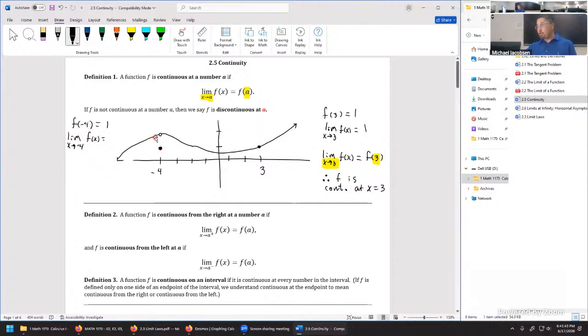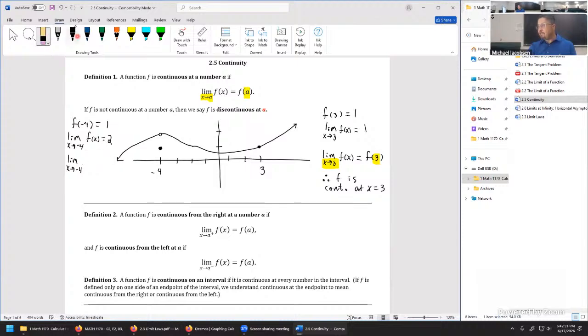On the left, we're getting closer and closer to a height of 2. On the right, we're getting closer and closer to a height of 2. It comes out as a 2. But then that means the values are different. We have that the limit as x tends towards -4 of f of x is not equal to, so put a big angry slash through there to say not equals, f at -4.